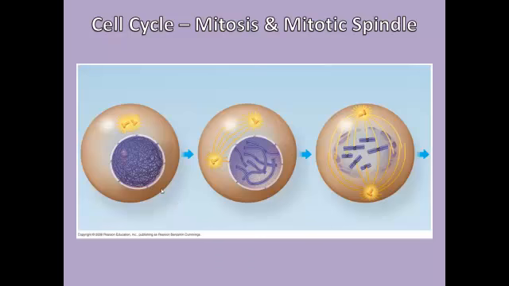A nucleus is visible, and there are one or two darker areas, called the nucleoli or nucleolus, where parts of ribosomes are being made. Two centrosomes have formed by replication of a single centrosome. In animal cells, each centrosome has a centriole pair. Plants have centrosomes without centrioles.